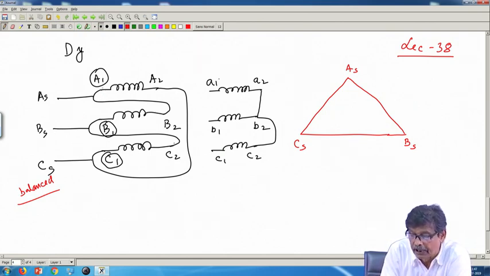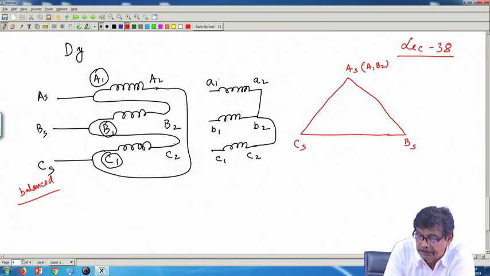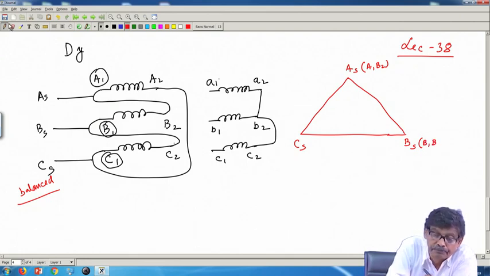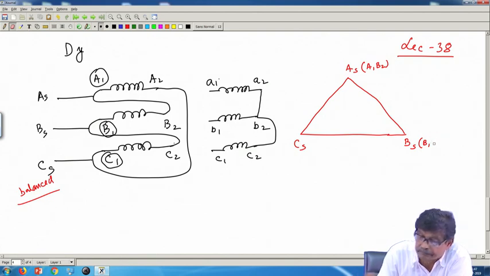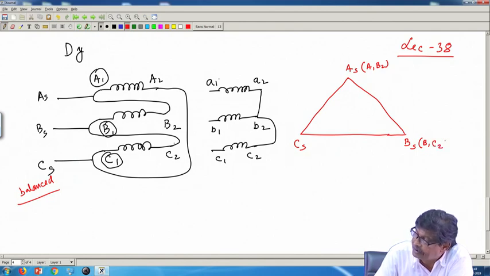Now, AS is connected to A1 and B2. So, I write here this point is A1, B2, either of them or together, same point. Similarly, BS is connected to B1 and C2, so this point is the same as B1 and C2.